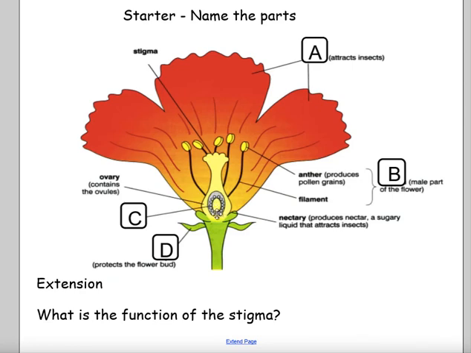So we've got inside the ovary, we've got which cell that we need for reproduction. And then D, what are these two lower parts called that protect the flower bud? So A to D, can you remember those? And then extension question, what is the function of this stigma at the top of this female part? Pause the video now to answer those.